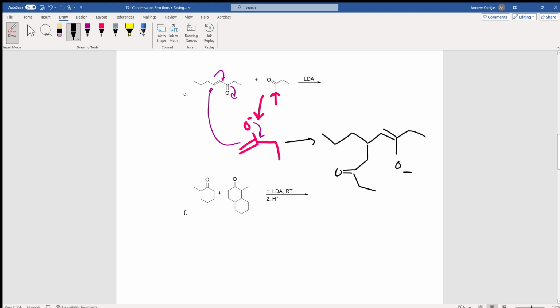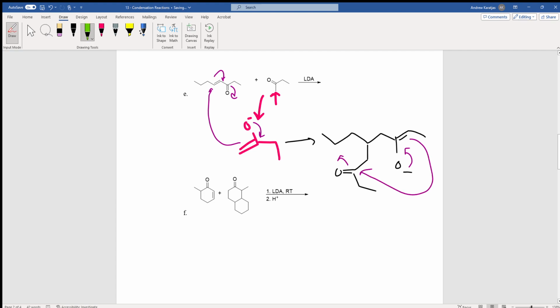Then if we reverse to the other enolate, remember this is always going to be in equilibrium. So if we no longer have that carbonyl, that enolate, but instead have that one, we can get an intramolecular aldol.